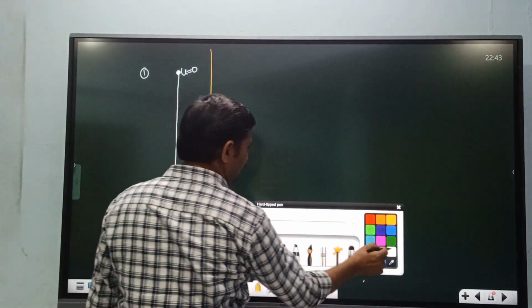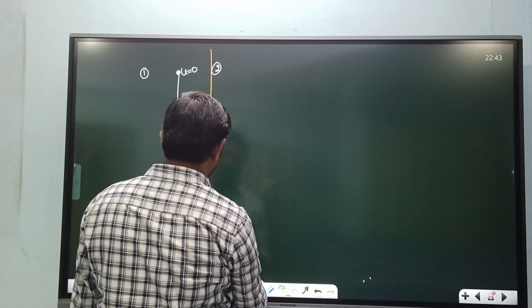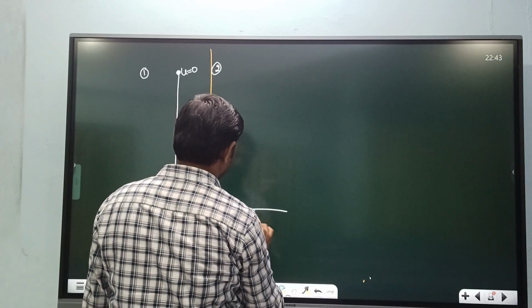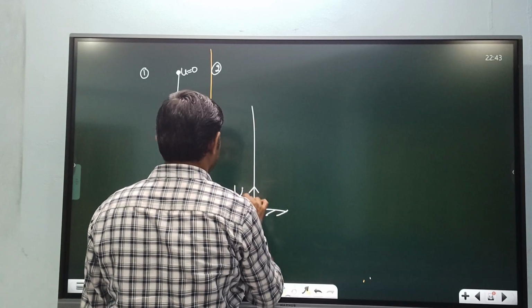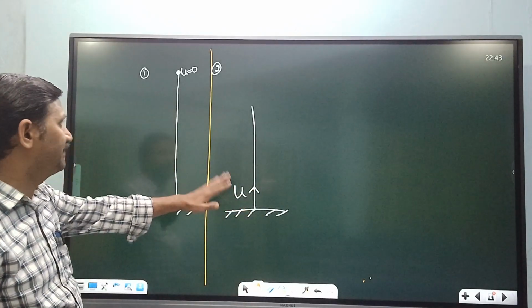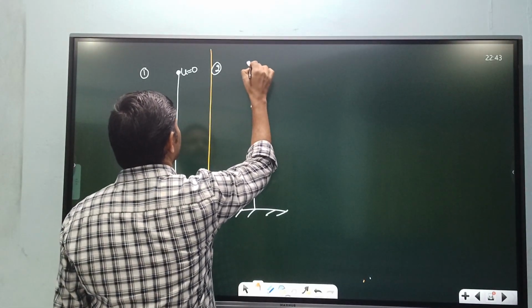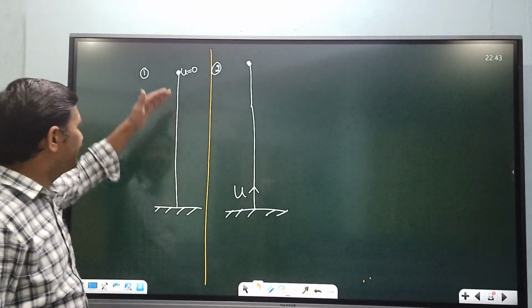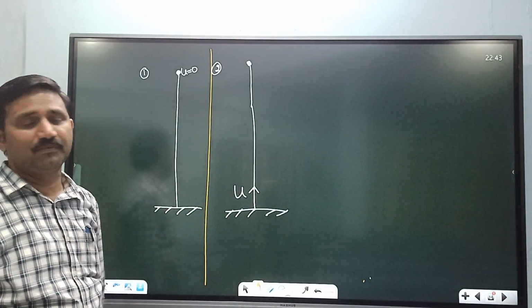That is the vertically projected body. So here the initial velocity is given, and at this point, where the body reaches the maximum height, the velocity is 0. This is the freely falling body and this is the vertically projected body.